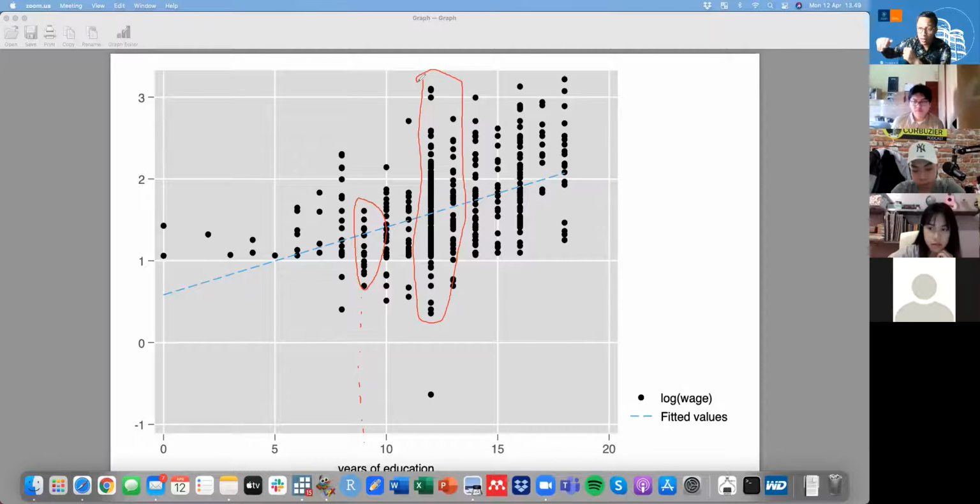Again, although this is an early indication that there could be heteroskedasticity, we cannot conclude that this is an issue of heteroskedasticity until we do a formal test. But it's always good to know that there is such a test. From this very preliminary graph, and we'll actually learn about another graph after this, we can use this for early detection of heteroskedasticity.